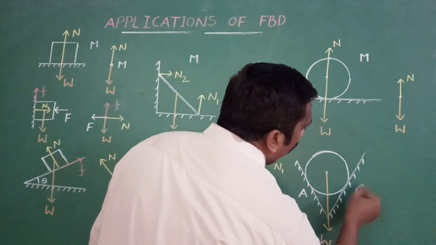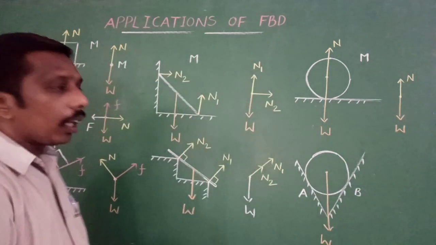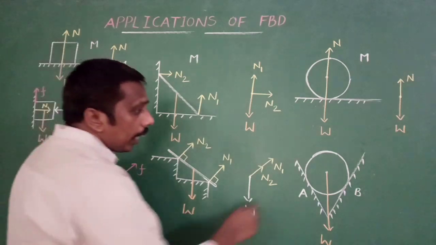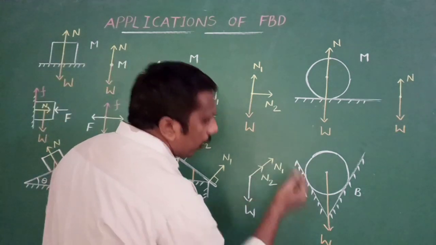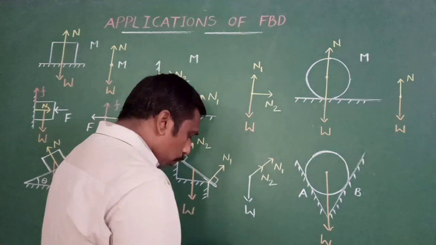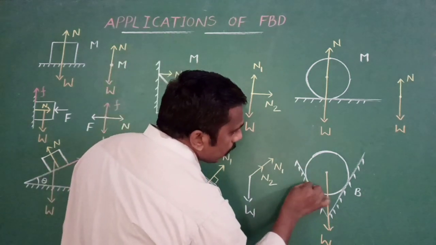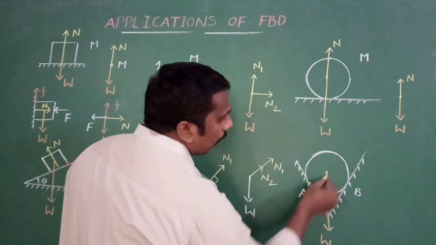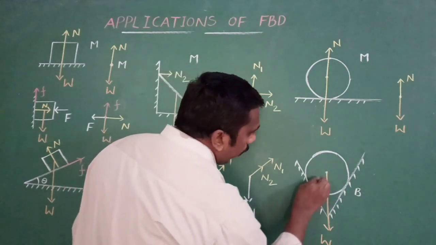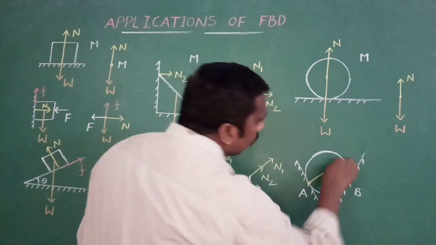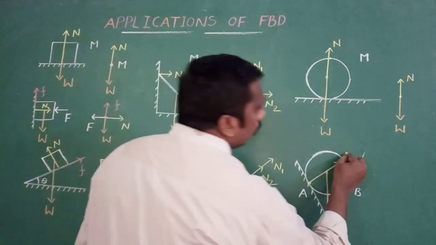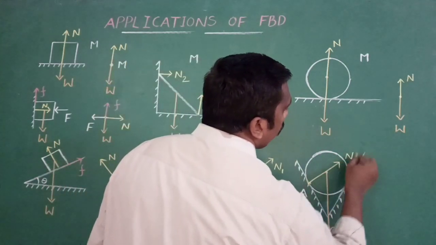Here how to draw the normal reaction? The normal reaction makes an angle of 90 degrees with the surface. In case of spherical bodies, you join the point of contact and the center of the sphere. The line joining the point of contact and the center of the sphere gives the direction of the normal reaction.